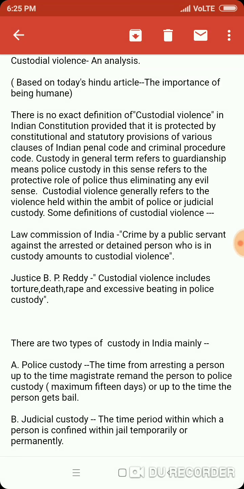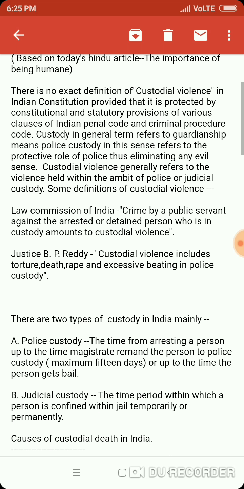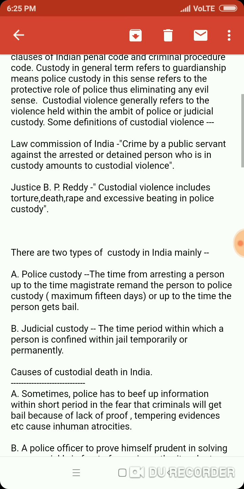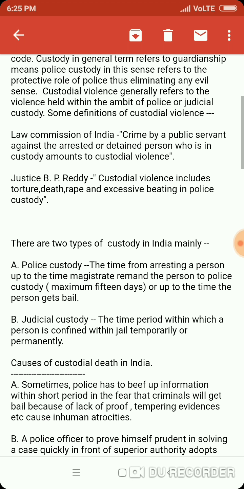So, though there is no exact definition, various provisions of the Indian Penal Code, some articles of the Indian Constitution and some sections of the Criminal Procedure Code have dealt with custodial violence.